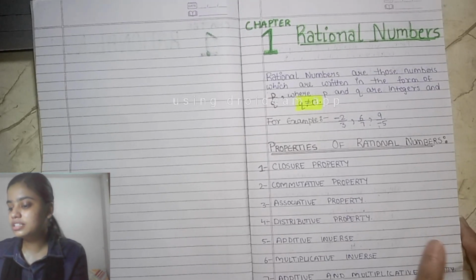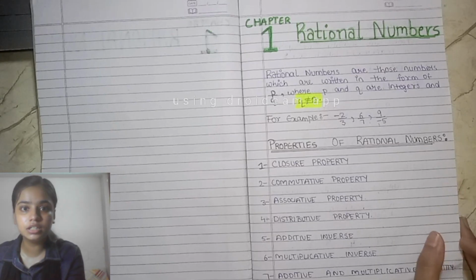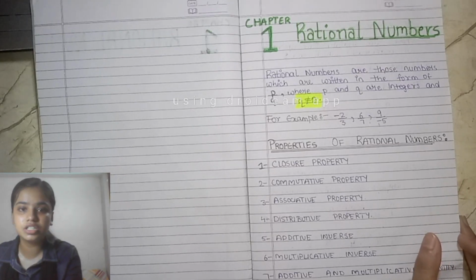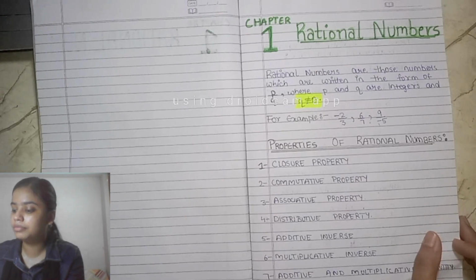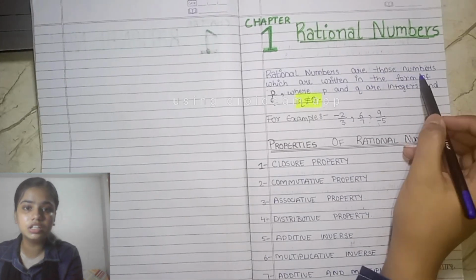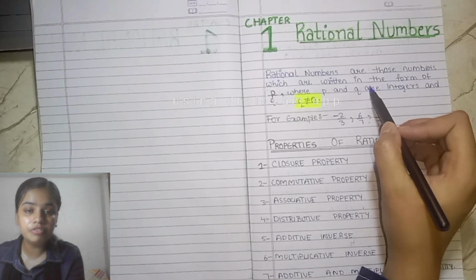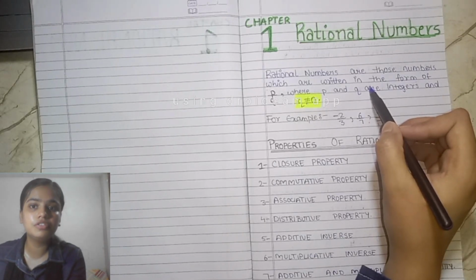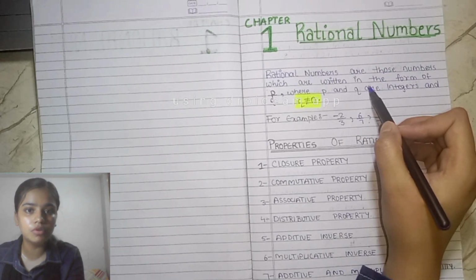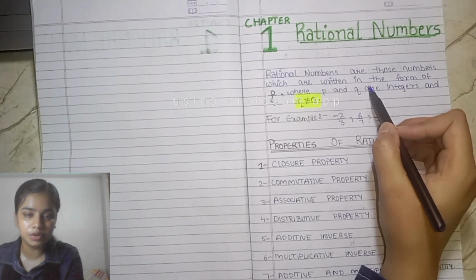So our chapter name is rational numbers. Let us first see what a rational number is. A rational number is basically a number which is written in the form p by q, where q is not equal to 0. Means the value of q can be negative, can be positive, but never be 0. Okay.